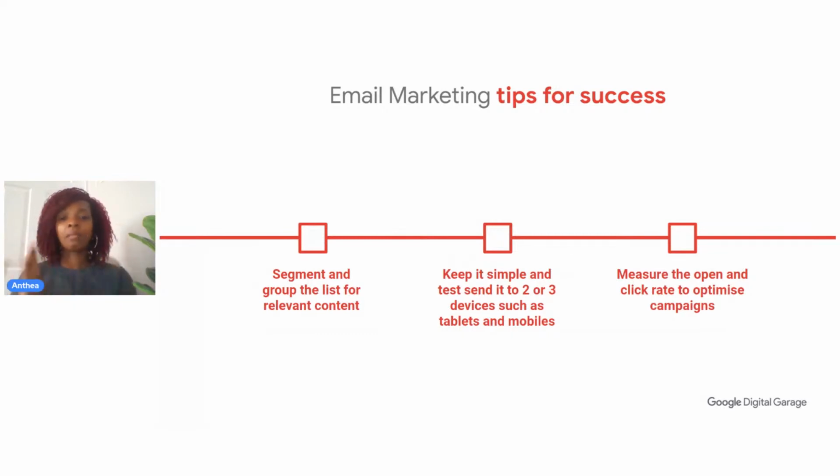I can segment the mailing list based on questions I ask them as they sign up. So anyone who's interested in fat loss will only get content specific to fat loss. Anyone who's interested in muscle gain will only get content specific to muscle gain. Segmenting it means that they're getting exactly what they need and it's not generic messages going out.